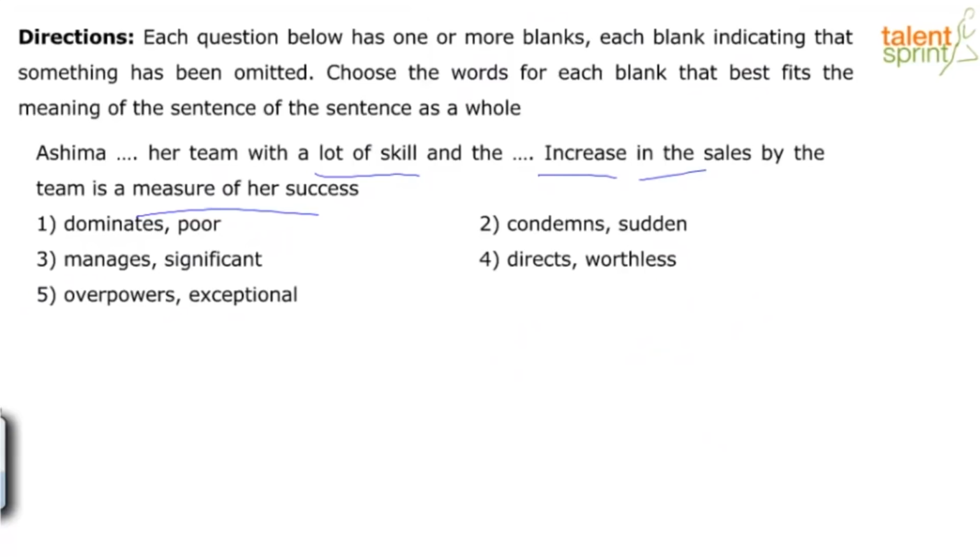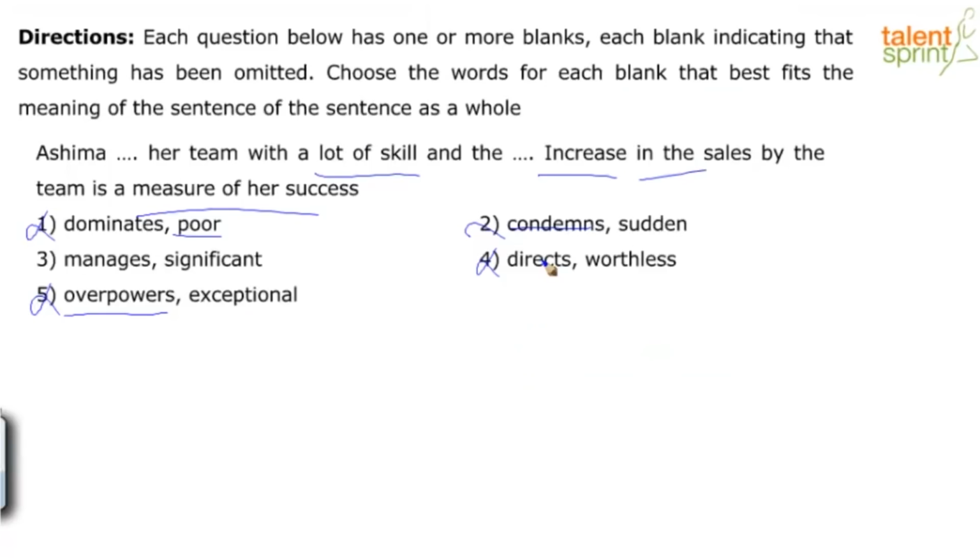Fifth option, not just too much positive. See, when you overpower someone, not necessarily it's creating a positive effect. It can also create a negative effect when you're overpowering them, right? So which means you can rule out 5. Dominates poor, out. Condemns, negative word. Worthless, again negative word, right?